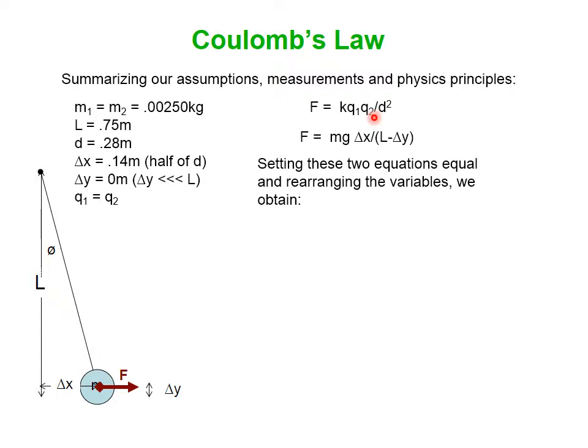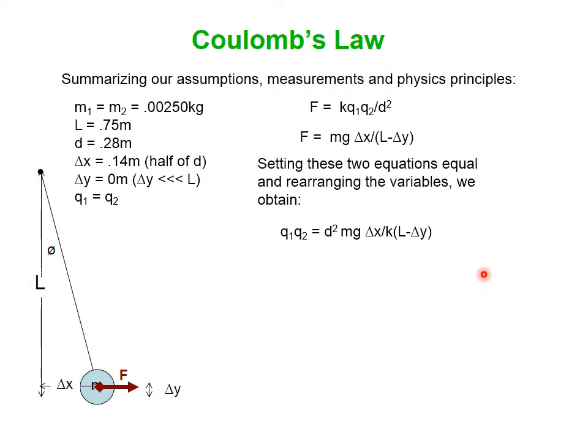We'll set the two equations equal to each other and rearrange the variables, solving for Q. Remember Q1 equals Q2, that would be Q squared. Remember delta X in our assumption is half of D, so delta X is D over 2. Delta Y is 0.